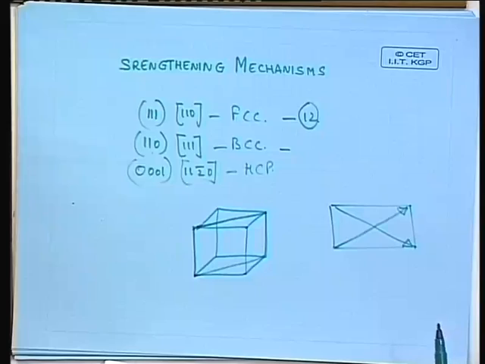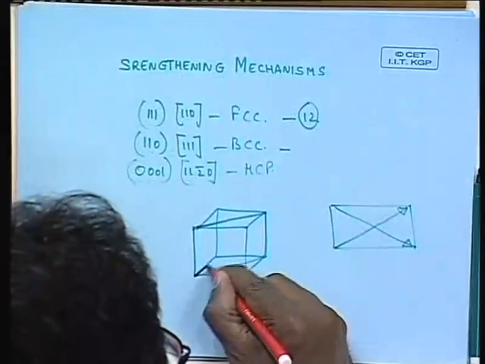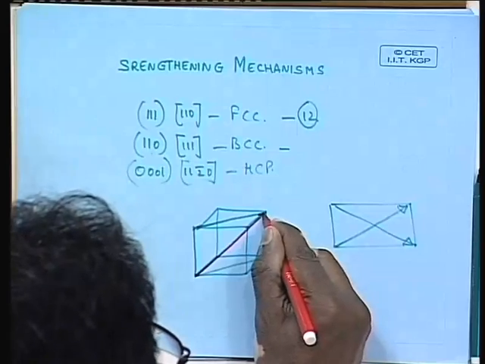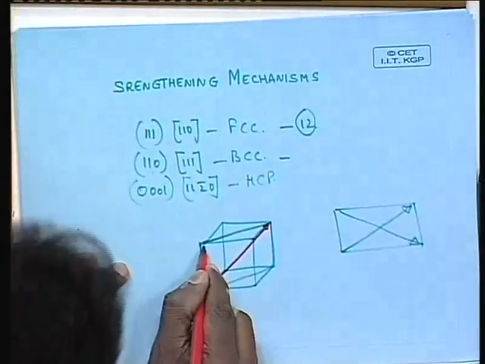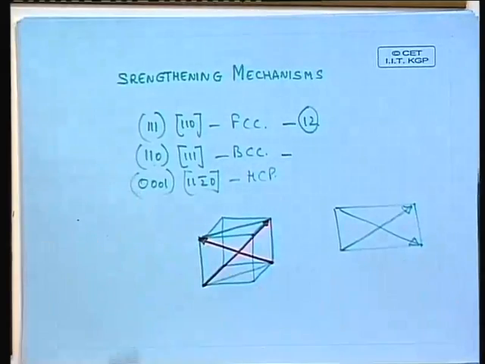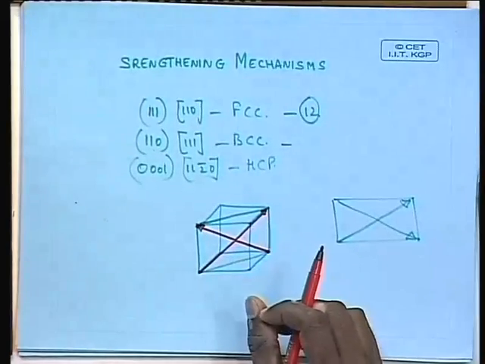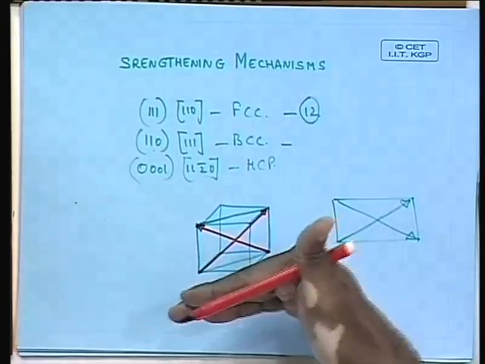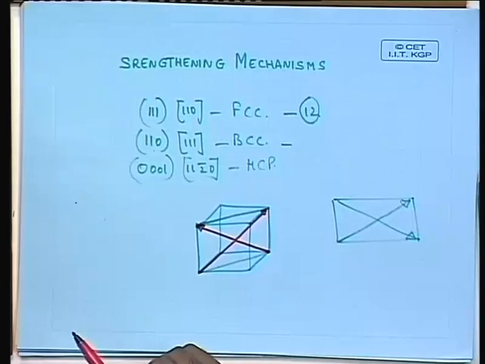They are nothing but the body diagonals. This is one body diagonal, and the other body diagonal is this. These are the two body diagonals which are contained in the 110 plane. So those are the two close packed directions.